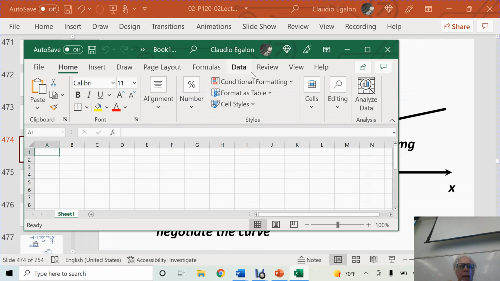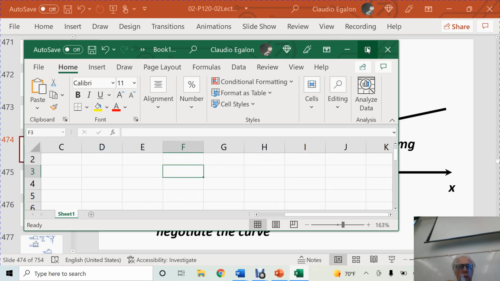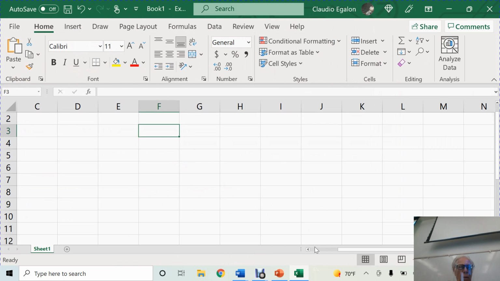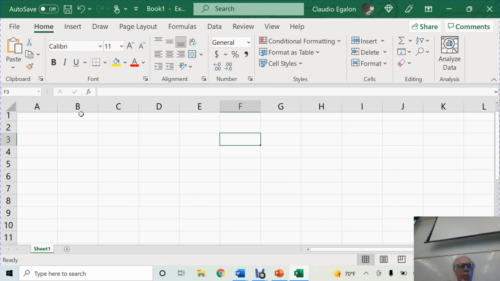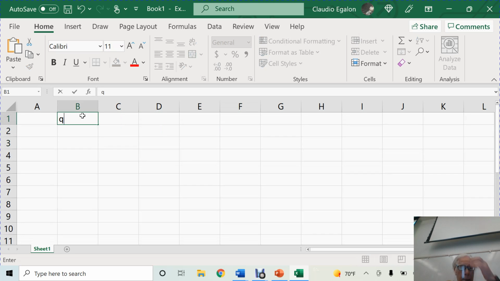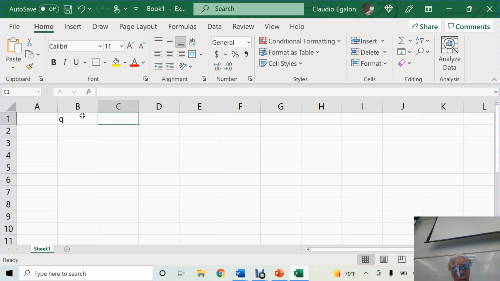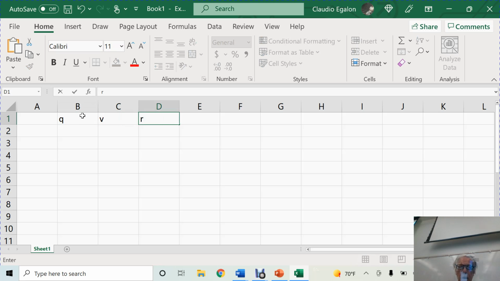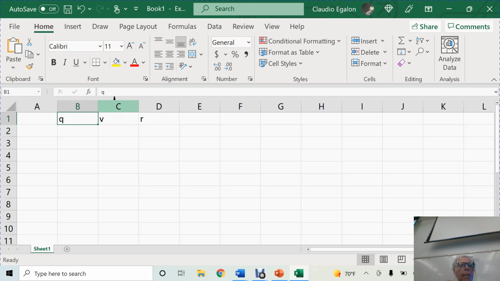Excel is very useful for simulations here. So here we can put theta, and we're going to go with the speed. We have r and theta.